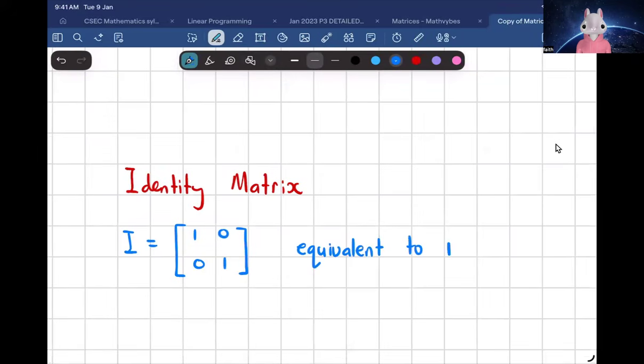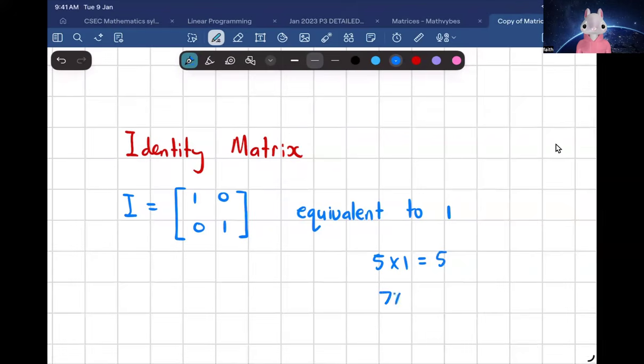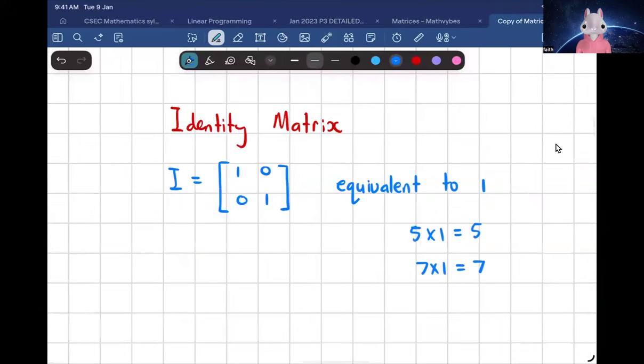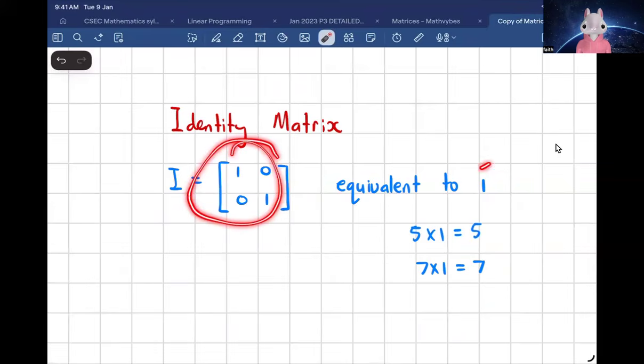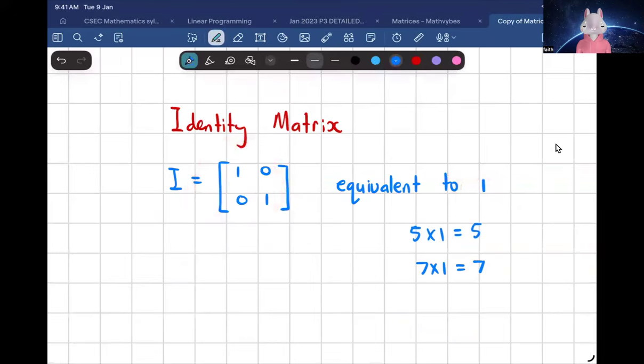Guys, if I multiply any number by 1, what will I get? The same number. 5 by 1 is 5. What is 7 by 1? 7. So let me explain what the identity matrix does. The identity matrix is equivalent to 1. If I multiply a matrix by 1001, I'm going to get back the same matrix.